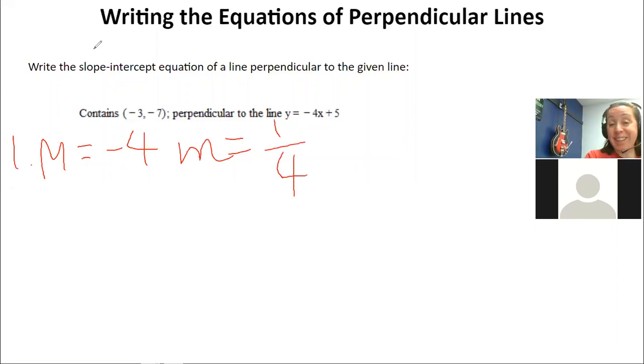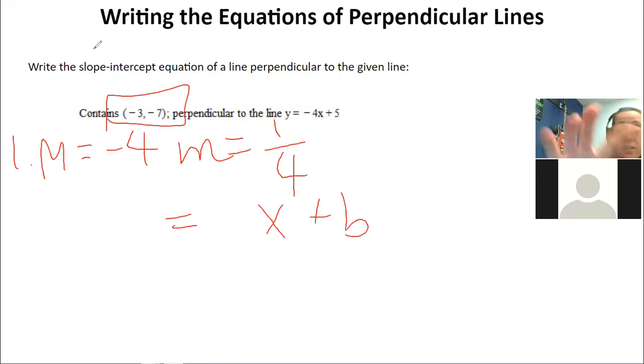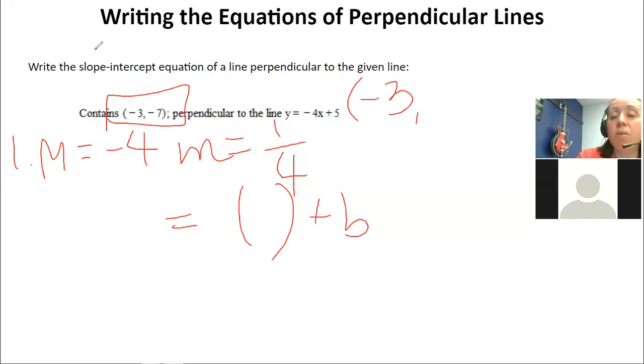And now I'm going to take that slope and my point, and I'm going to plug it into y equals mx plus b to figure out my b. So what am I going to put in for y for this one? What's my y value? -7. Yep, because it's in the second position in that ordered pair. That is my y value.